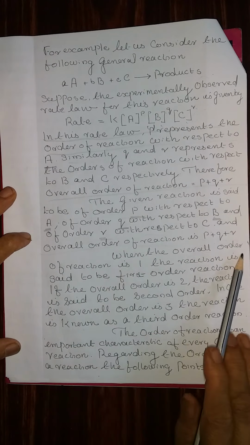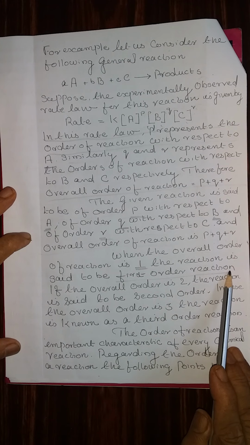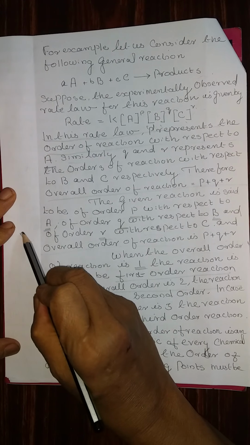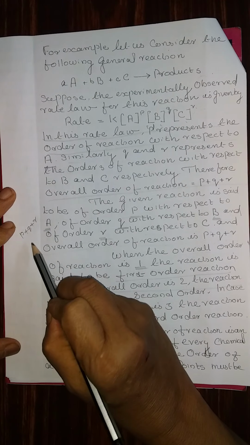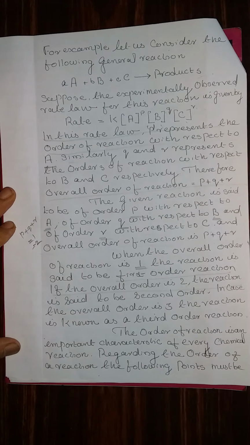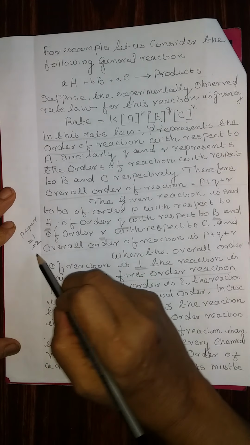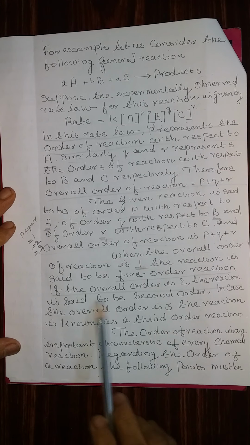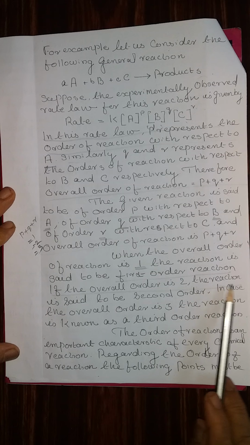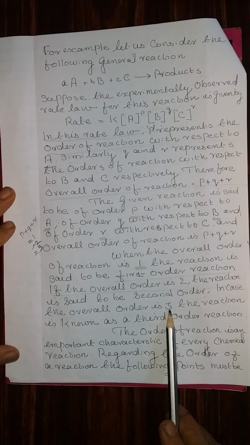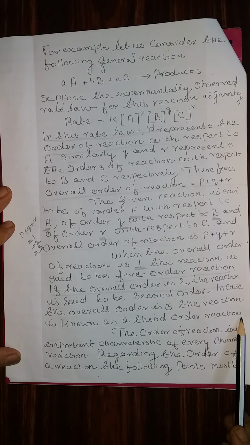When you add p plus q plus r, if it is equal to 1, it is called a first order reaction. If it is equal to 2, it is called a second order reaction. If it is equal to 3, it is called a third order reaction.